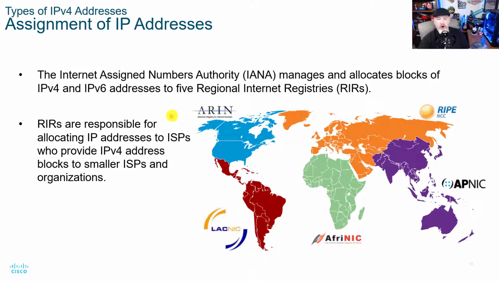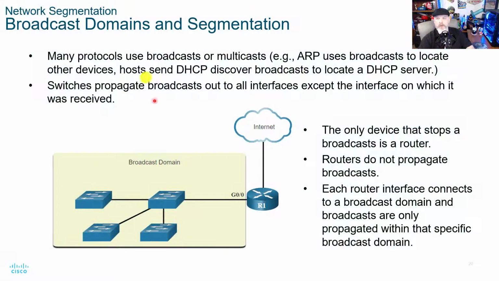The RIR is responsible for allocating IP addresses to the ISPs, Internet Service Providers, who provide those v4 and v6 addresses to smaller ISPs and to organizations. Think of Microsoft, Amazon, Verizon, Comcast, the big, large companies that would get big blocks of addresses and then use those in their networking.